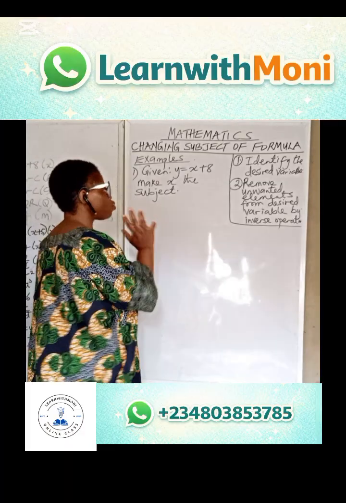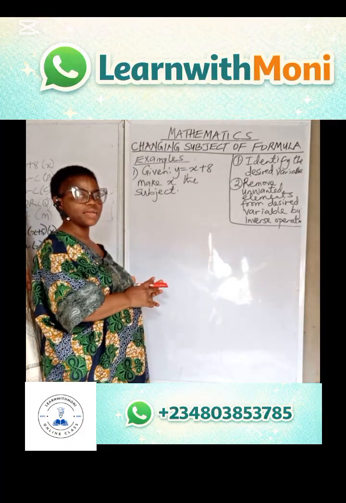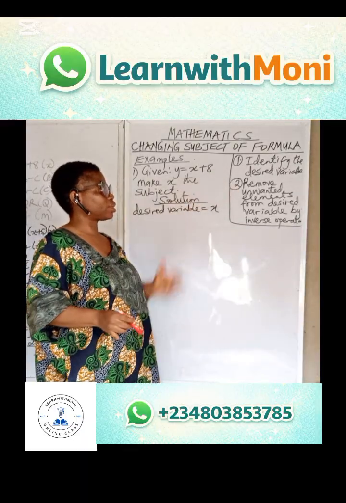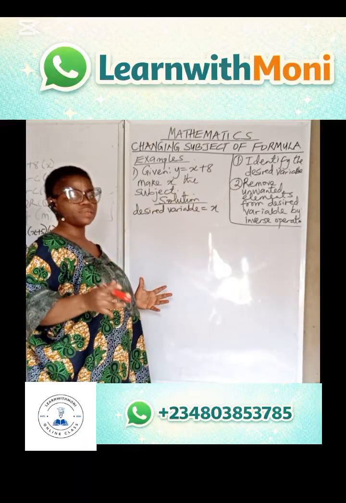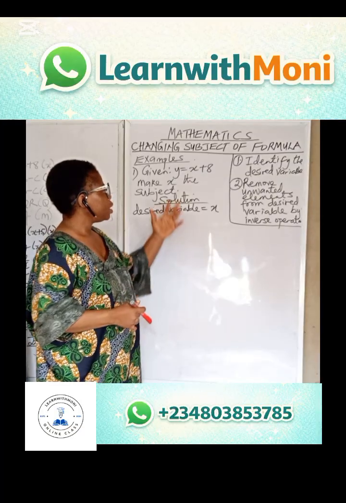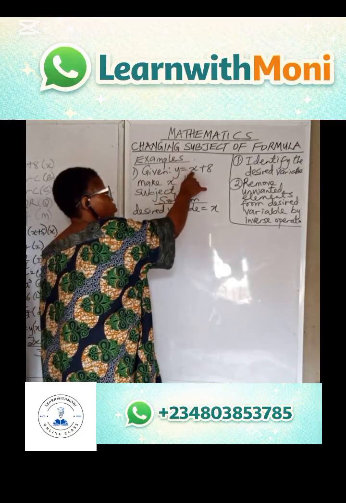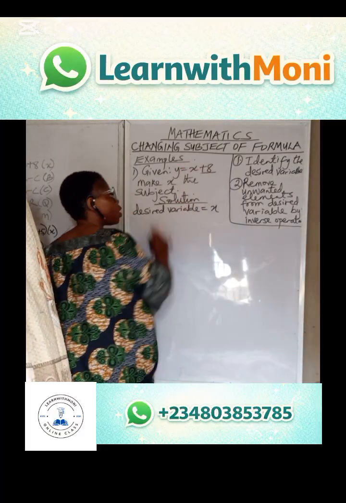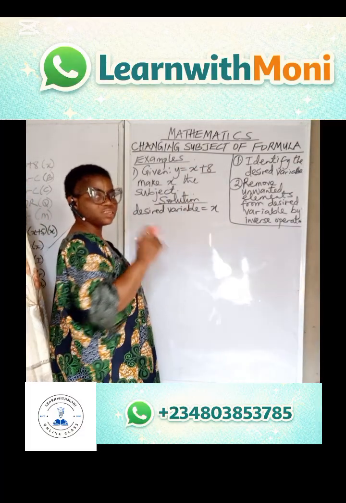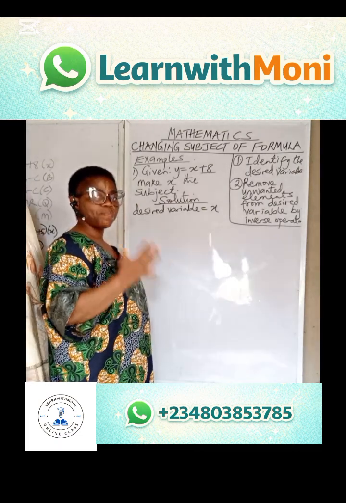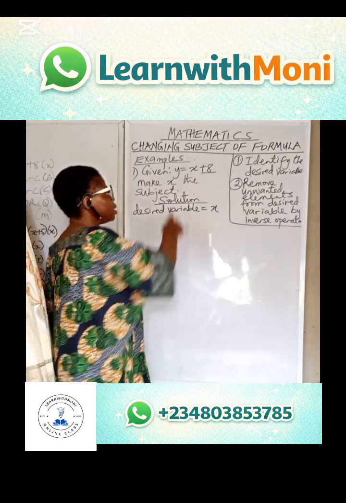Now we have been able to identify our desired variable, which is x. So the second thing is to remove unwanted elements from the desired variable. Here I have y equals to x plus 8. On the right hand side with x is plus 8, and I do not desire the plus 8 with x, so I have to remove the plus 8 from x.